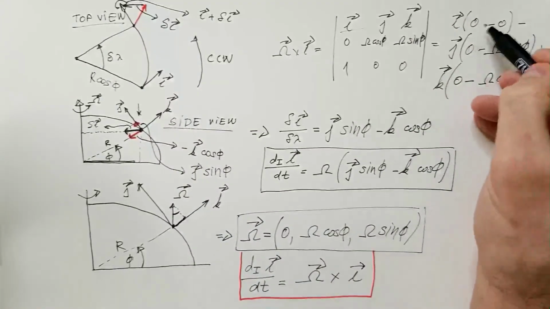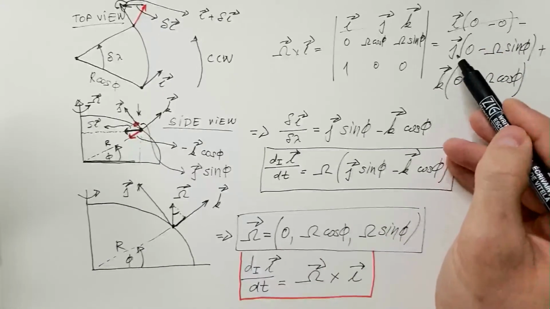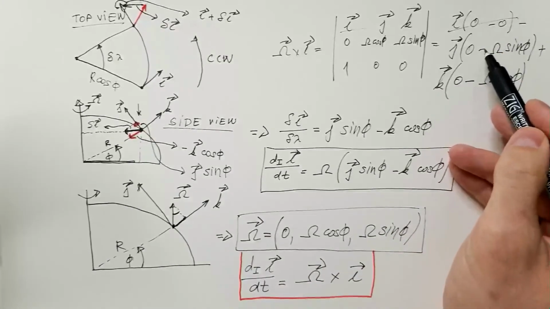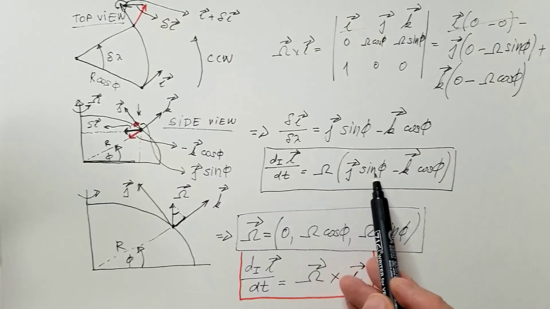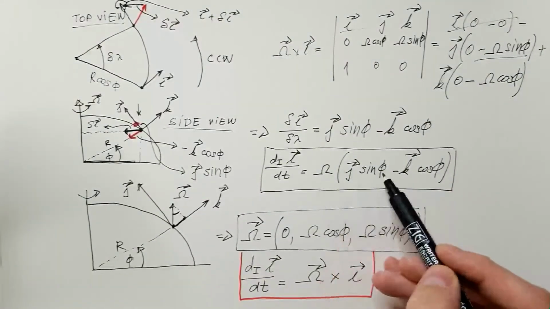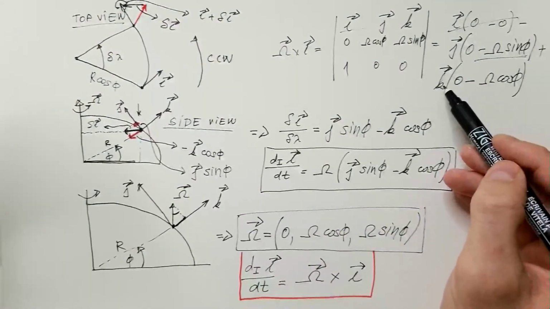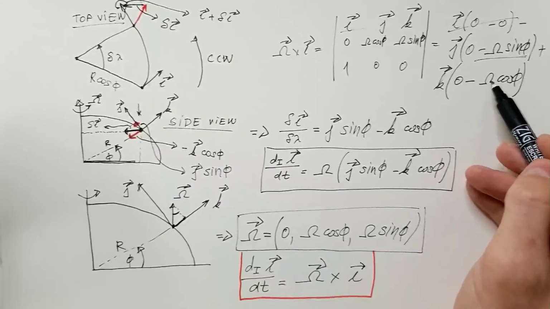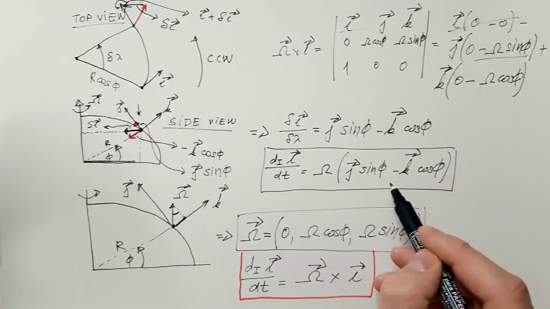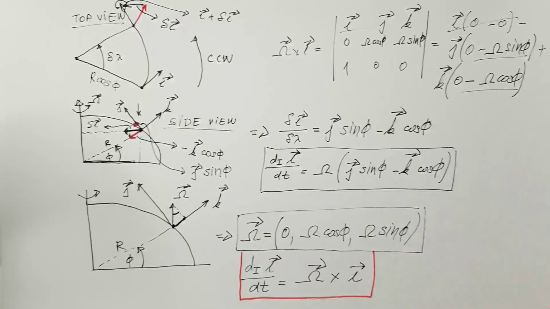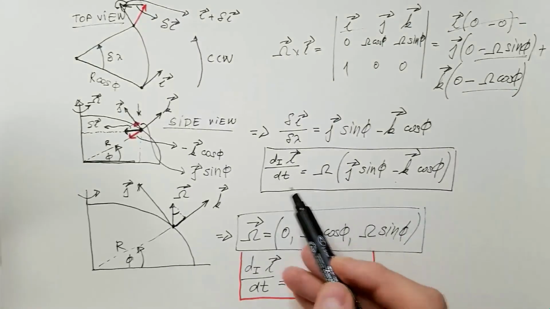So you see there is nothing in the i direction. In the j direction, minus and minus will give me omega sine phi. Well, that's good. That's what I have here. And in the k direction, I should have negative omega cosine phi k, and that's exactly what I have here. So you see, I convinced you that this cross product is equal to this.